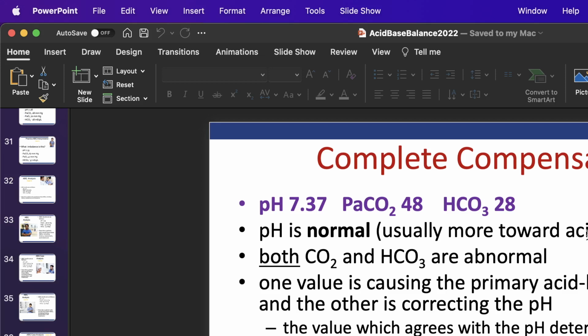That's someone whose PaCO2, their carbon dioxide levels, are very high. They have respiratory acidosis. When I say high, I mean in the 50s. We know normal is 35 to 45, but somebody who has a PaCO2 in the 50s and severe hypoxemia, their O2 levels down in the 50s as well, is someone who's going to be intubated and placed on mechanical ventilation.